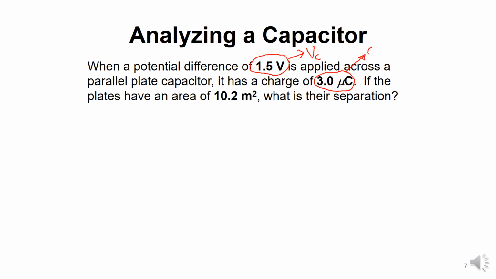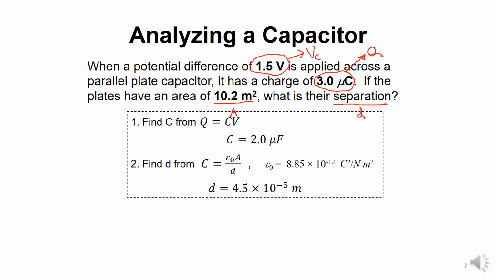So this is V_C. And we have our 3 microcoulomb charge, that's our Q. And we have our area, the 10.2 meters square. And we are trying to find the separation D.